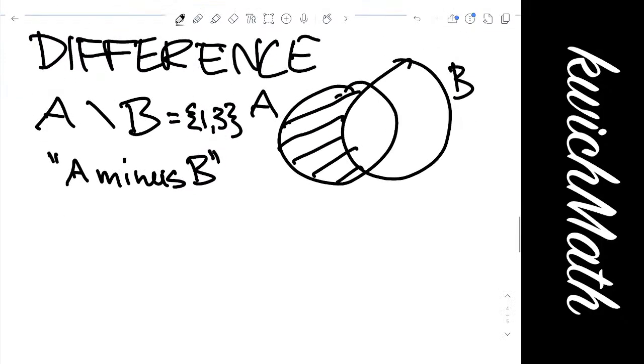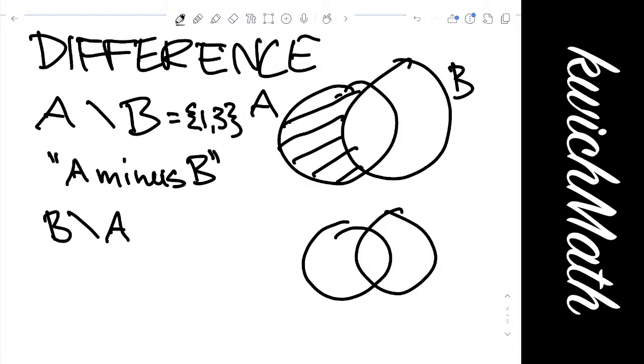We could also take B minus A. The idea is completely the same, but this time you get this set. The intersection and the union are both commutative, to use a fancy word.